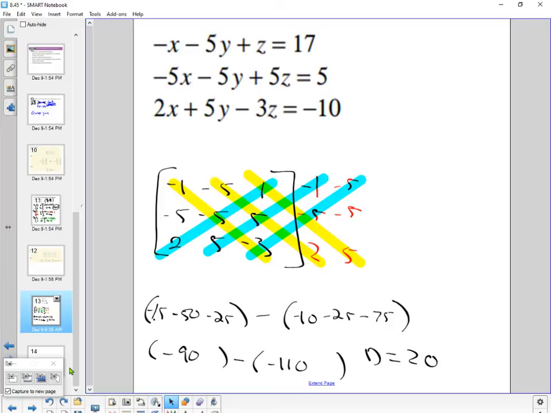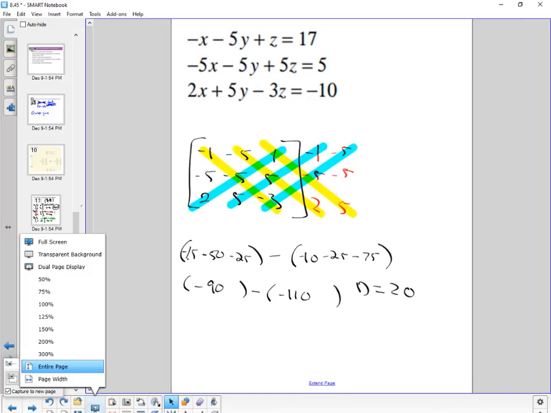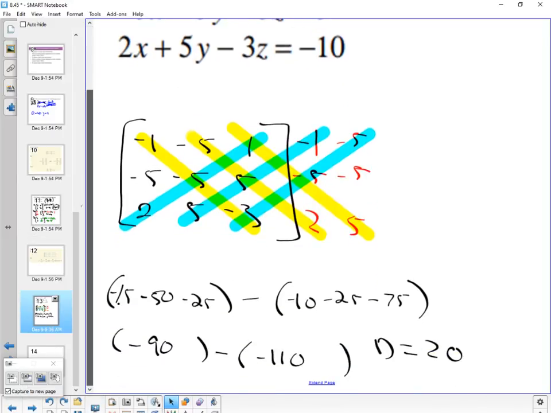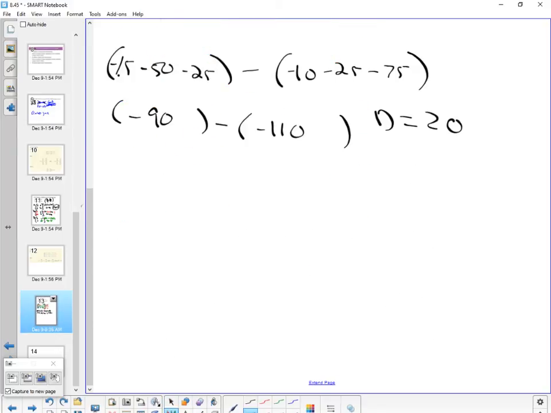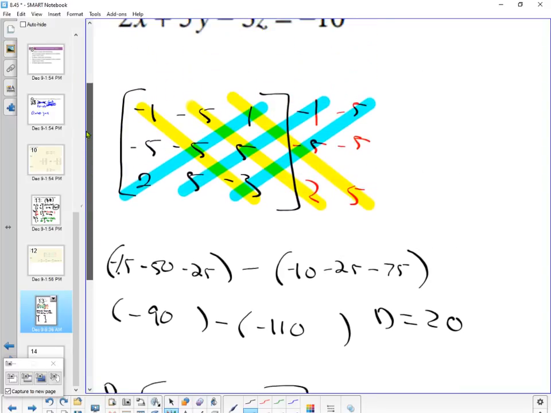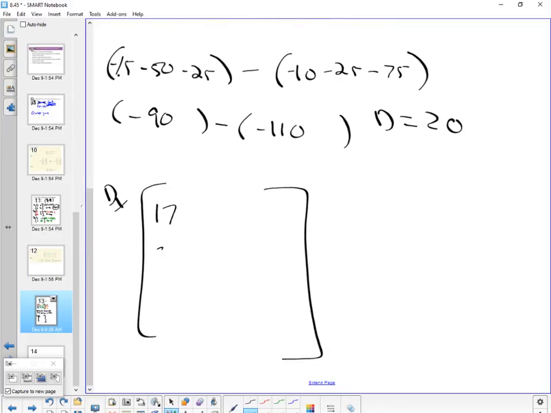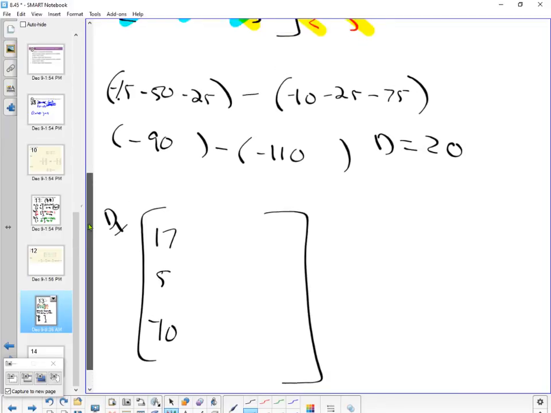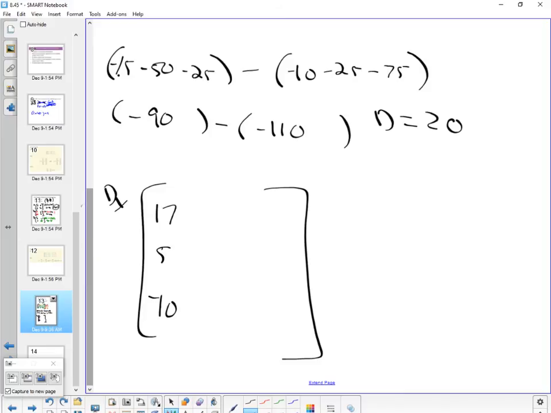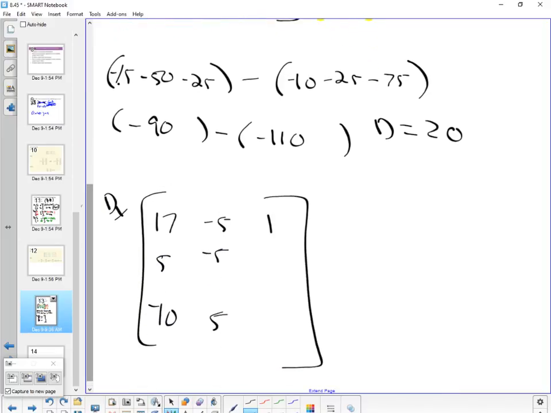Right. So, here's what I wanted to point out. Waterfalls. Please don't use the calculator to solve this. Go through the steps. You're going to need them. When you're going to find the next matrix, the next matrix is the Dx matrix, right? So that means that the first column is no longer the original. Now it's going to be the solutions. So 17.5, 17.5, negative 10. And then I can copy the others, negative 5, 5, and 1, 5.